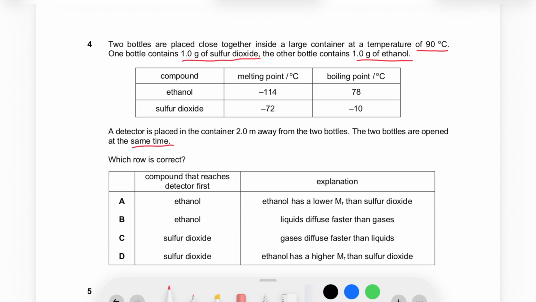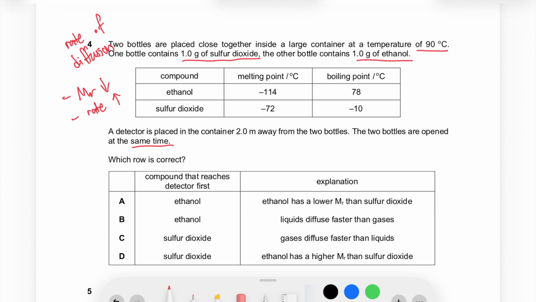This is about rate of diffusion, which you determine by the Mr. The lower the Mr, the rate of diffusion will increase, so you diffuse faster basically.